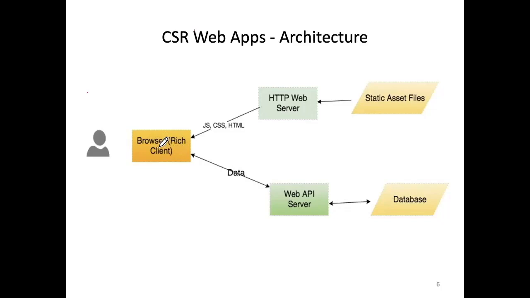And from there on in, any interaction by the user will either involve JavaScript doing some processing locally and updating the view that's being displayed back to the user, or it will communicate with this server down here, either sending data down to the server, which it processes and maybe updates the database and sends back some sort of response in the form of data, or just a straightforward response saying, that's okay, I've received that.